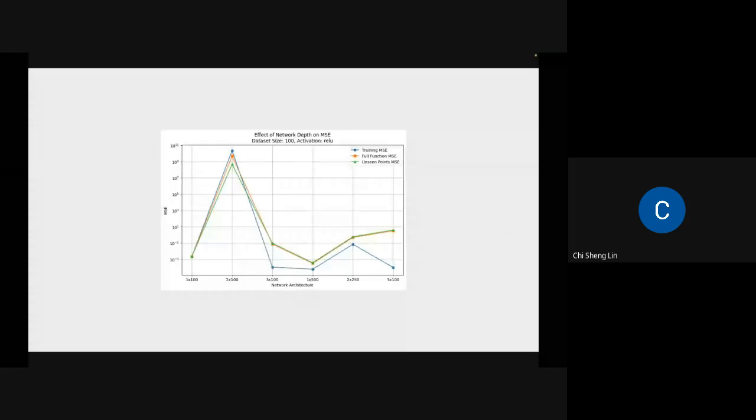The first one is one hidden layer with 100 neurons, the next is 2 hidden layers with 100 neurons each, and 3 hidden layers with 100 neurons each. Then 500 neurons in one layer and 2 hidden layers. The next one is 2 hidden layers with 250 neurons each. And the last one is 5 hidden layers with 100 neurons each.